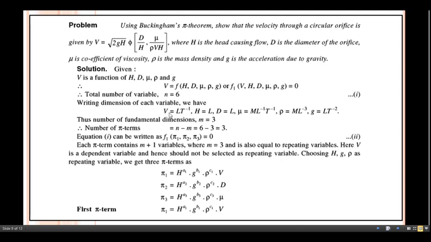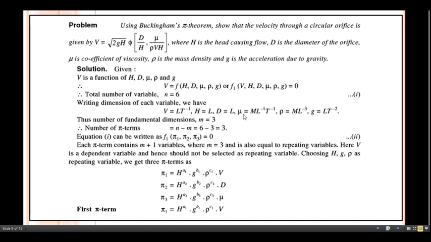Now we know the dimension of velocity, that is v equals L into t raised to minus 1, then h equals L, and d is also L. Here h is a geometric parameter, so you can represent the dimensions of any geometric parameter with the help of L. Similar case with the diameter, that is L.